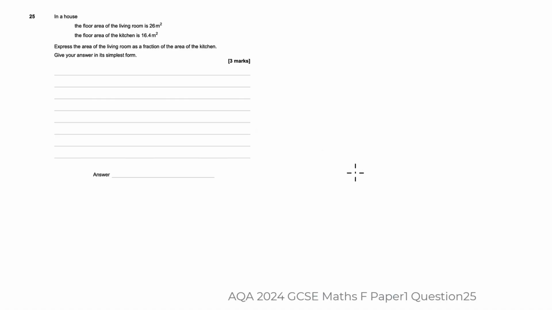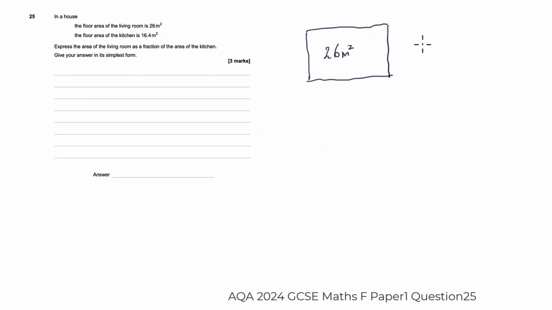Well, here we have question 25, and we're told that in a house the floor area of the living room is 26 square meters. So there's a living room which has an area of 26 square meters, and then there's a kitchen, and its floor area is a bit smaller than the living room.